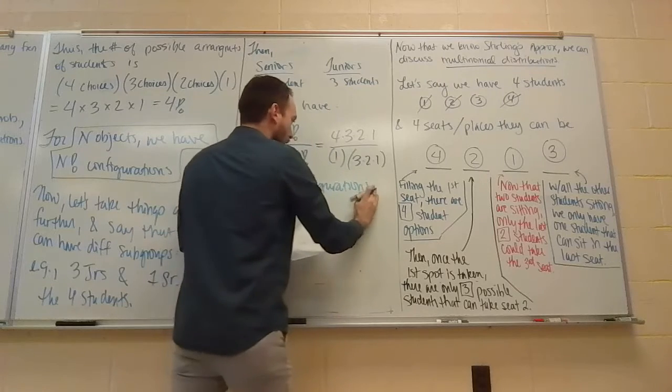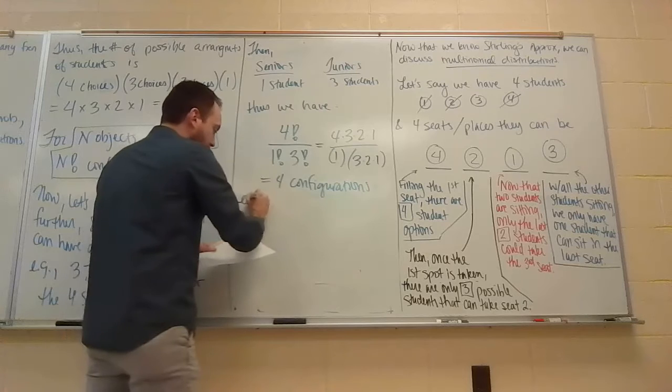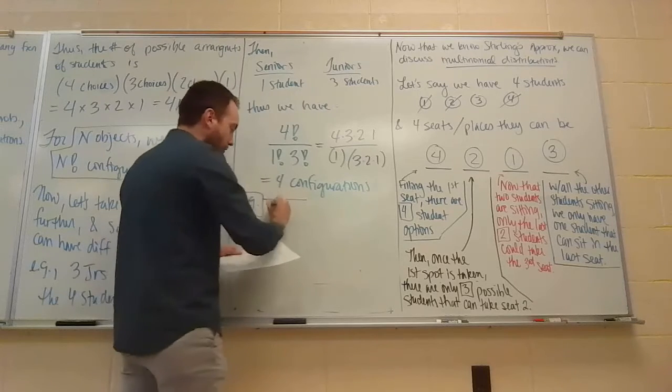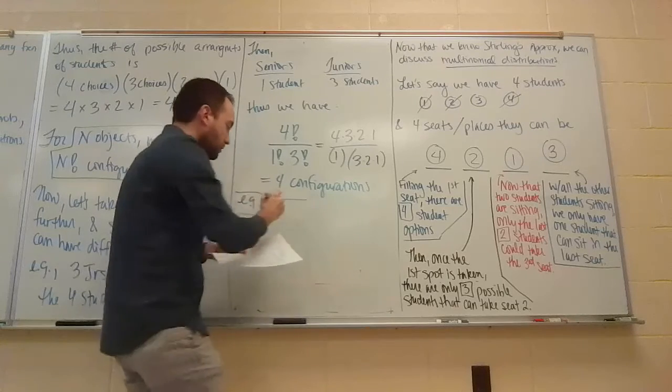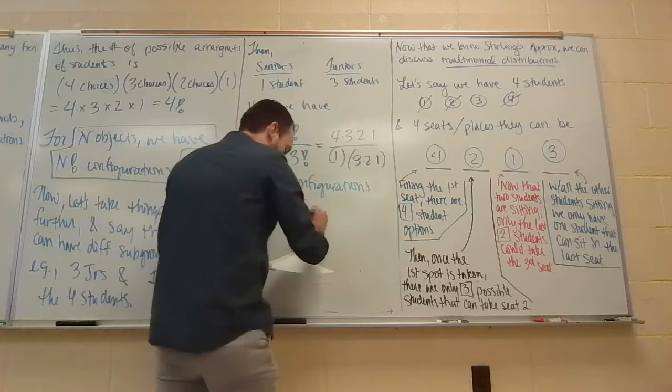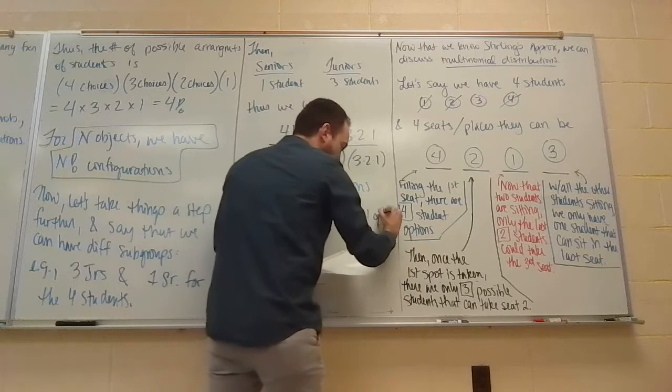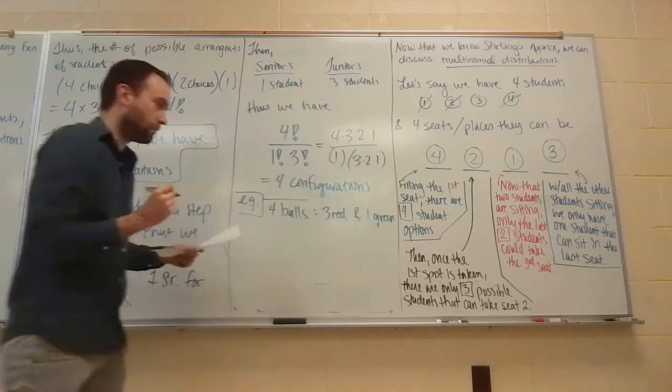So as an example, let's say that we have 4 spheres or 4 balls, and we have 3 that are red, and we have 1 that is green.